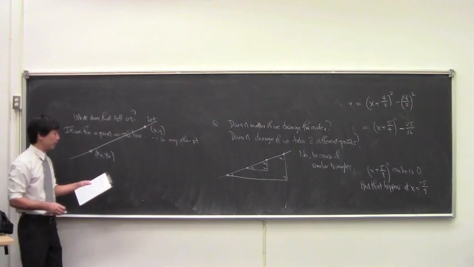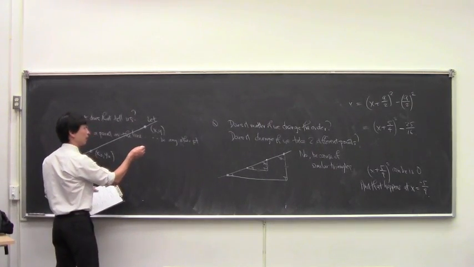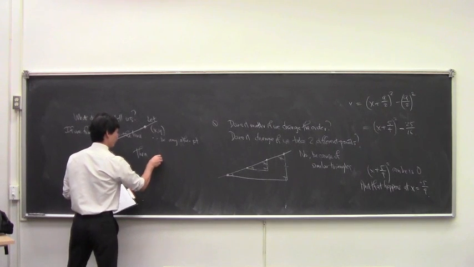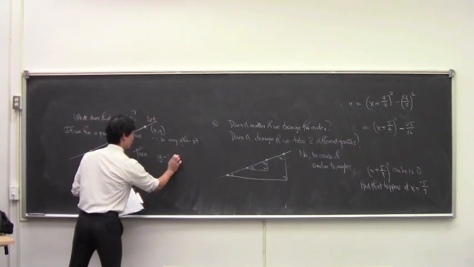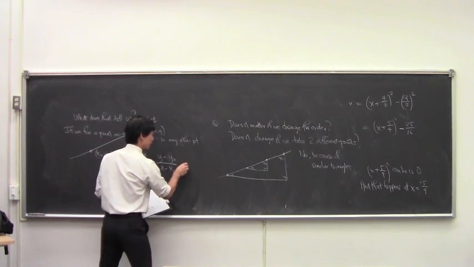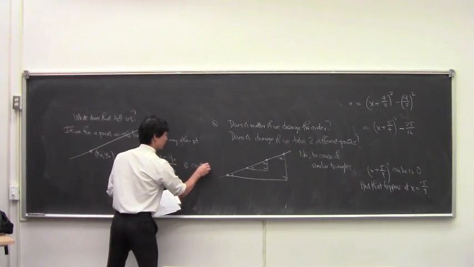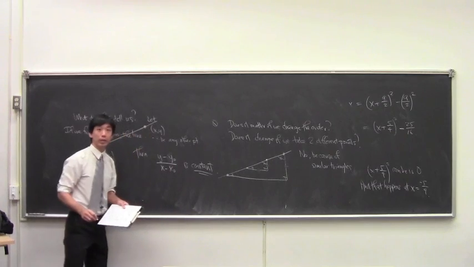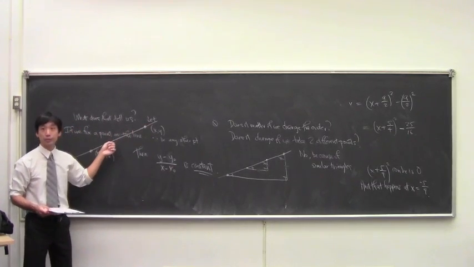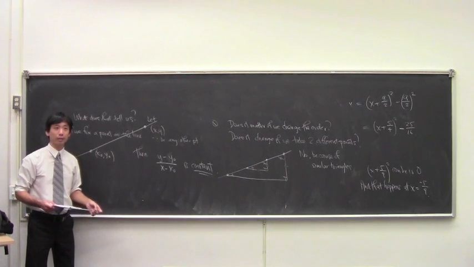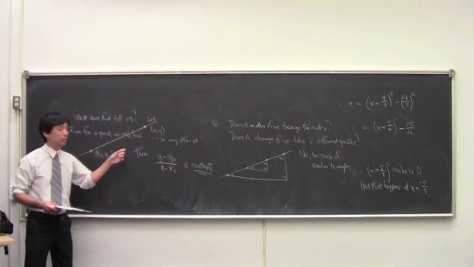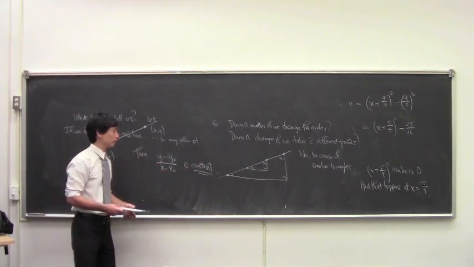Then we know that y minus y naught over x minus x naught is constant. For whatever x we choose, that's going to give us the same thing. That's what you guys are saying. The slope doesn't change.